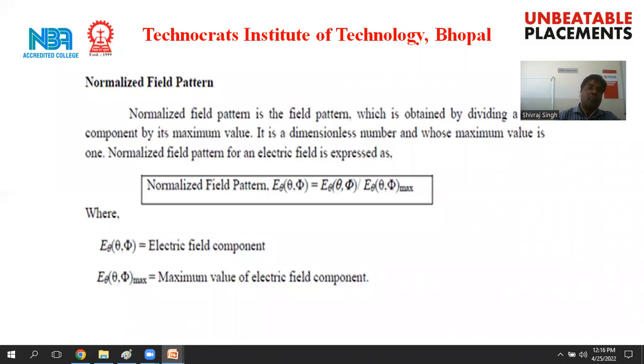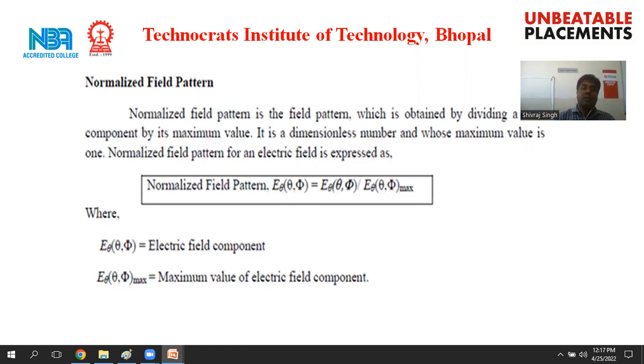Next, the normalized field pattern. The normalized field pattern is defined as the field pattern component divided by its maximum value. The ideal value of the normalized field pattern is unity.